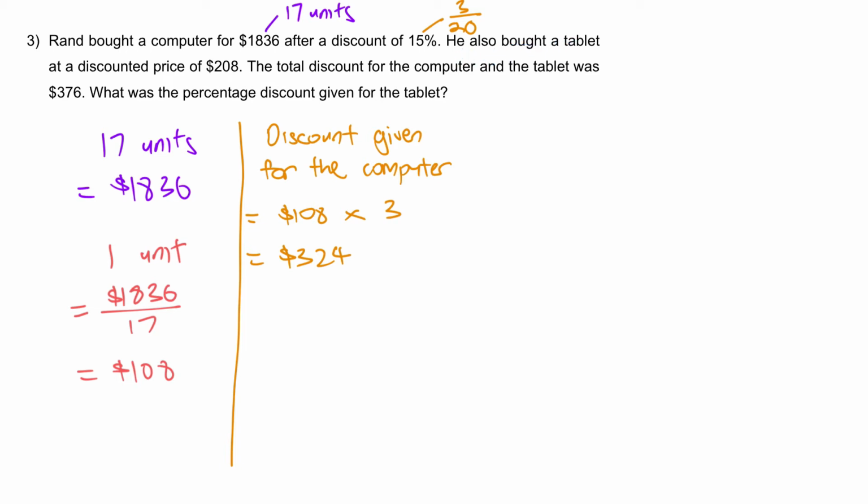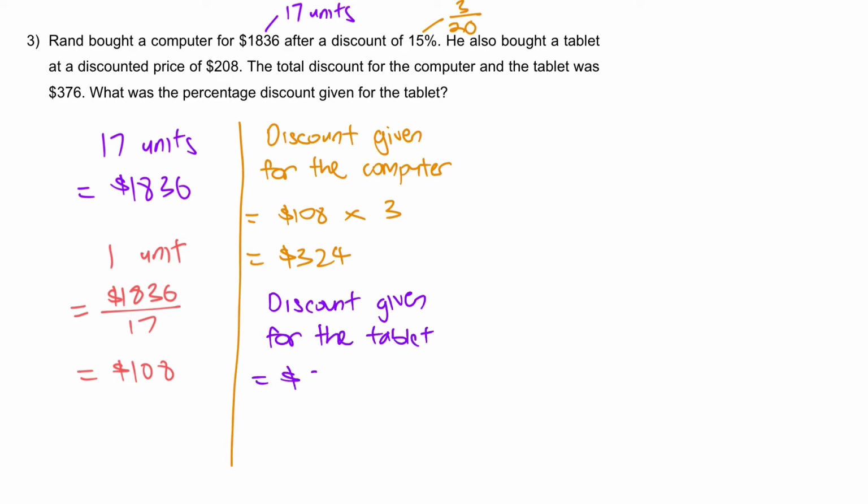Now let's move on again. He also bought a tablet at a discounted price of $208. The total discount given for the computer and the tablet was $376. Given that we know that $324 is the discount given for the computer and the total discount given for both items is $376, to find out the discount given for the tablet, we just take 376 minus 324.